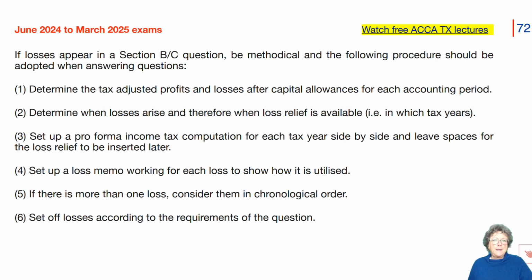You may be given a list of profits and a list of capital allowances, and you've got to work out what the adjusted profits are in order to see if any of those are going to be losses. Determine when the loss arises and therefore what relief is available: current year, previous year, opening years, terminal years, all of those things. Set up the pro forma, tax years across the top, pro forma down the side.